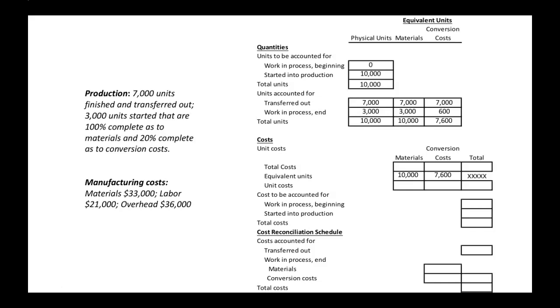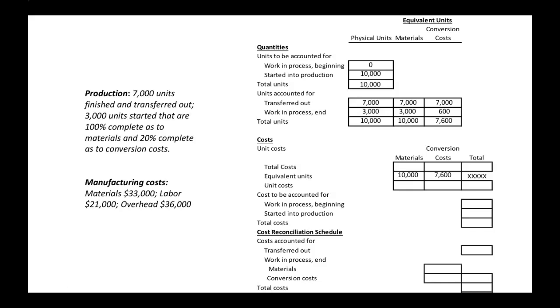So you'll notice that the 10,000 and 7,600 as the equivalent units for materials and conversion costs have now also shown up under the cost section of our production cost report. Under the equivalent units for materials, we take the 10,000 from above, and for conversion cost, we take the 7,600 from above.